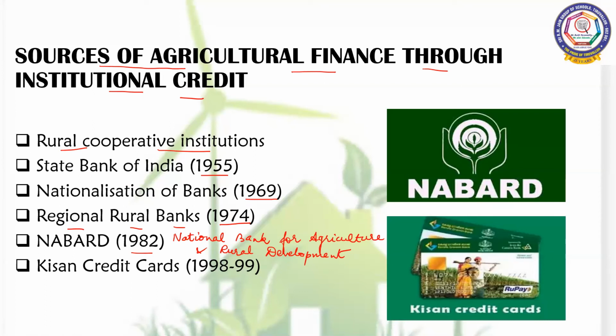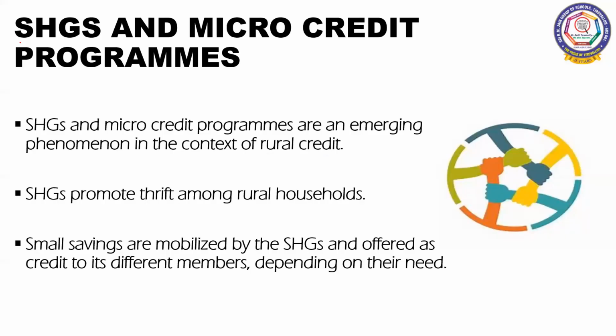This is an apex institution which coordinates the rural financing activities of all credit institutions. In 1998-99, the Kisan credit card scheme was introduced. It aims at adequate and timely support of credit to the marginal farmers.